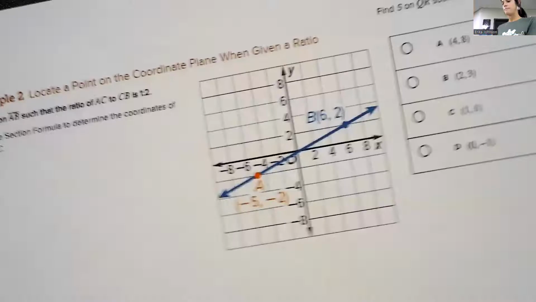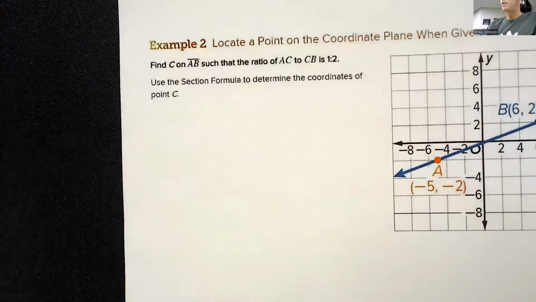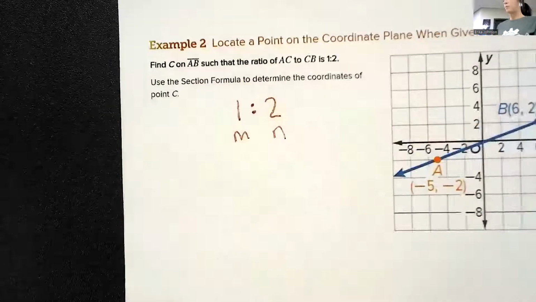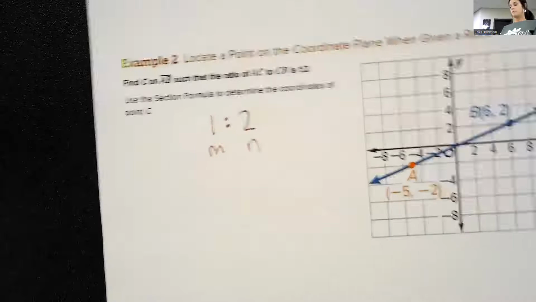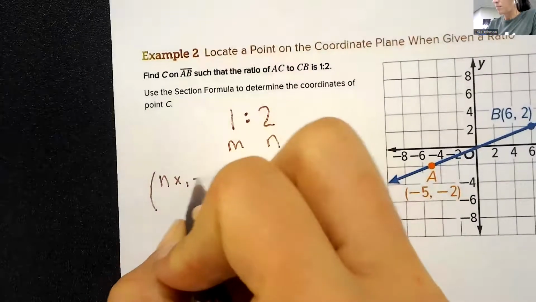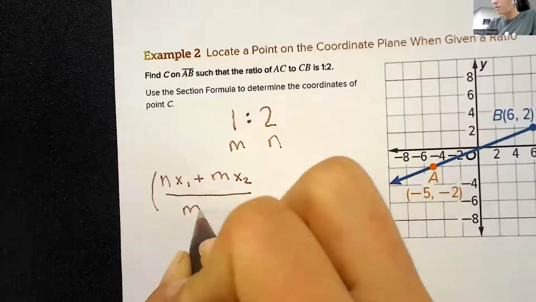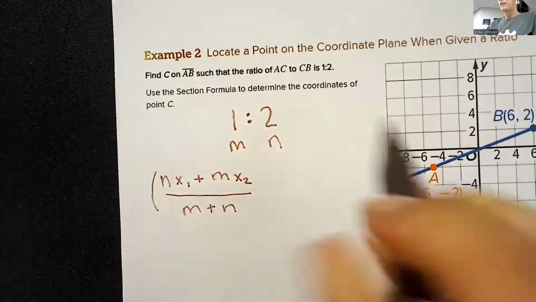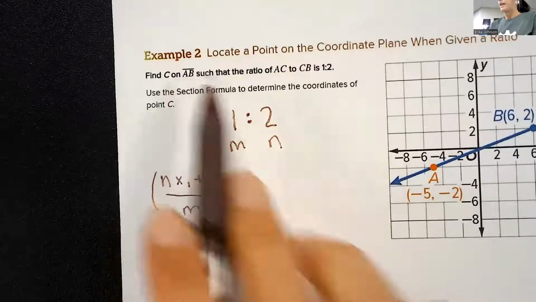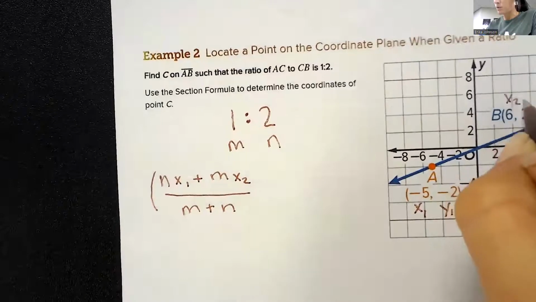Okay, so like this first one, it says the ratio is 1 to 2. So that's m and that's n when we're plugging into our equation. My equation is nx1 plus mx2 over m plus n. For AB, I'm going to let this be x1 and y1, and this one be x2 and y2.